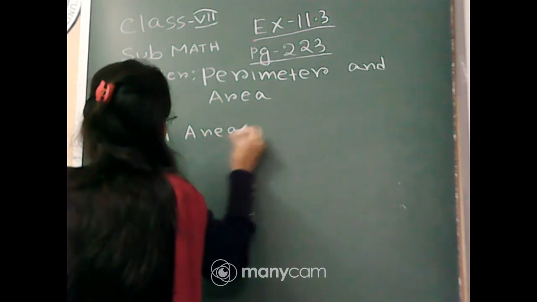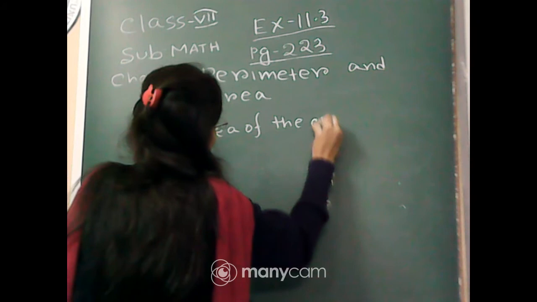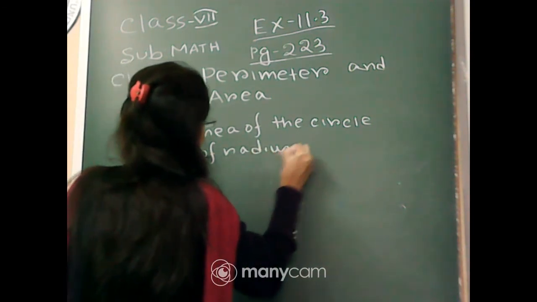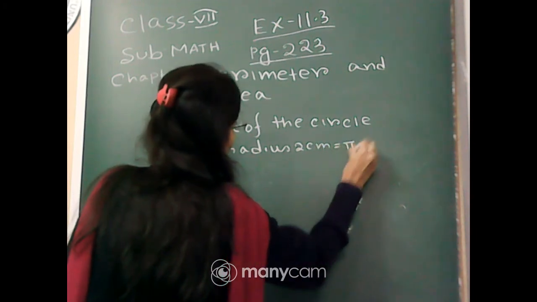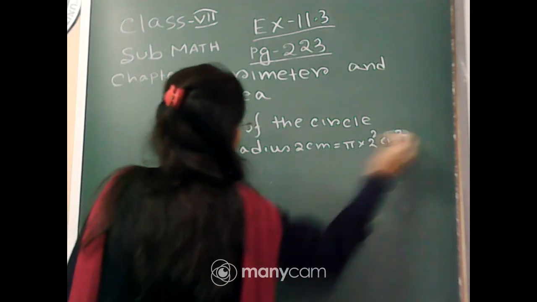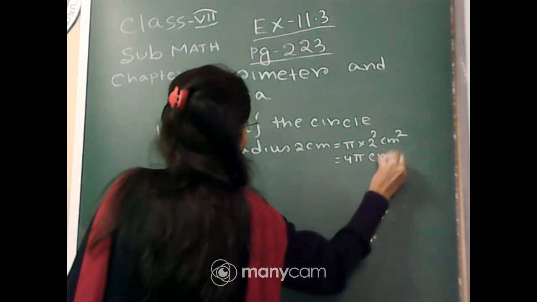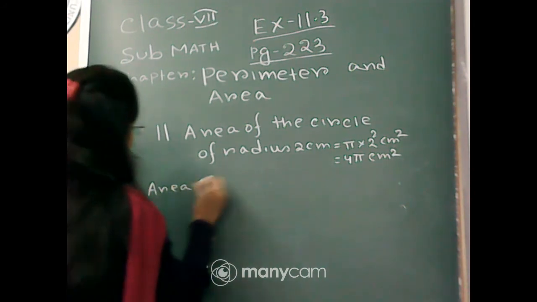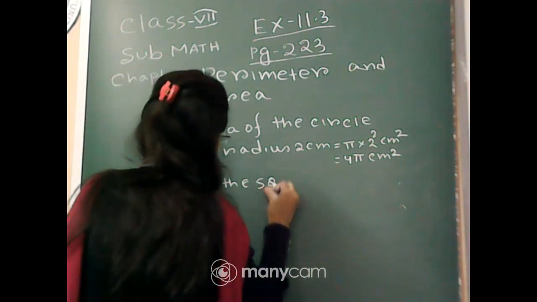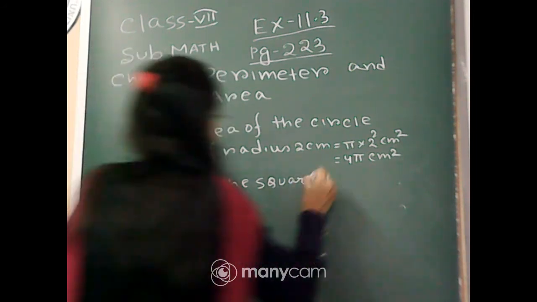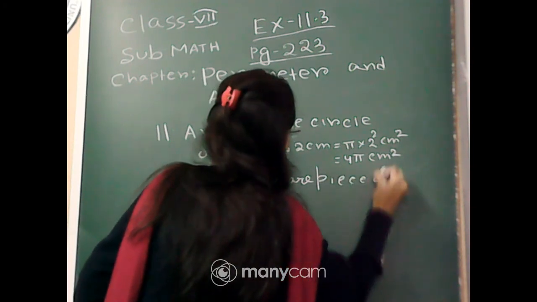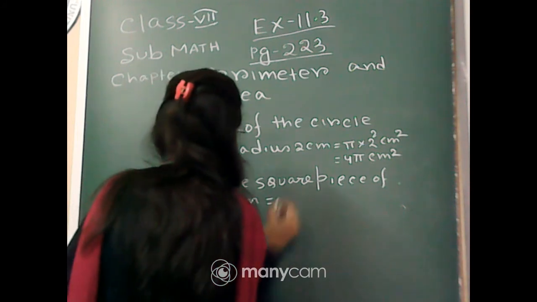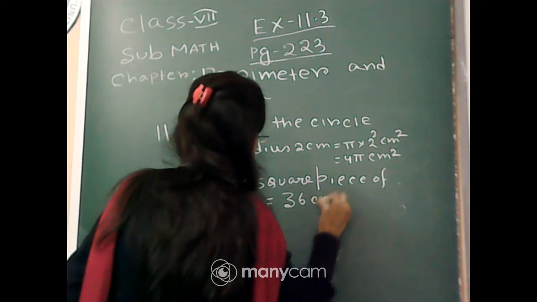Area of the circle of radius 2 cm is equal to π × 2² square cm, that is 4π square cm, and the area of the square piece of side 6 cm is equal to 6² square cm, that is 36 square cm.